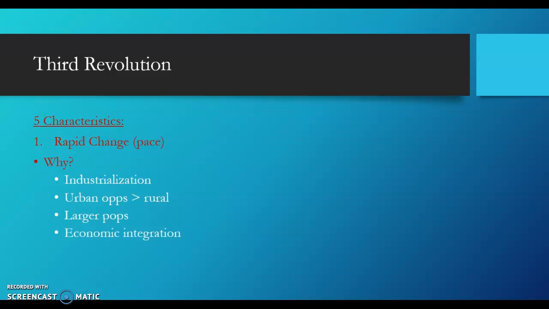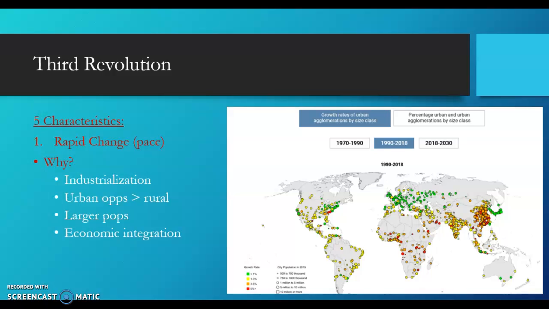The economic integration is also driving this rapid change because no longer are we just producing for a state, local, regional economy. We are now producing for the world in our different sites of manufacturing. So this graphic on your screen shows you where growth is occurring the most in the most rapid manner. You see the areas in red that are experiencing the most rapid growth rates, heavily concentrated in East Asia, also found in South Asia and in some parts of sub-Saharan Africa.